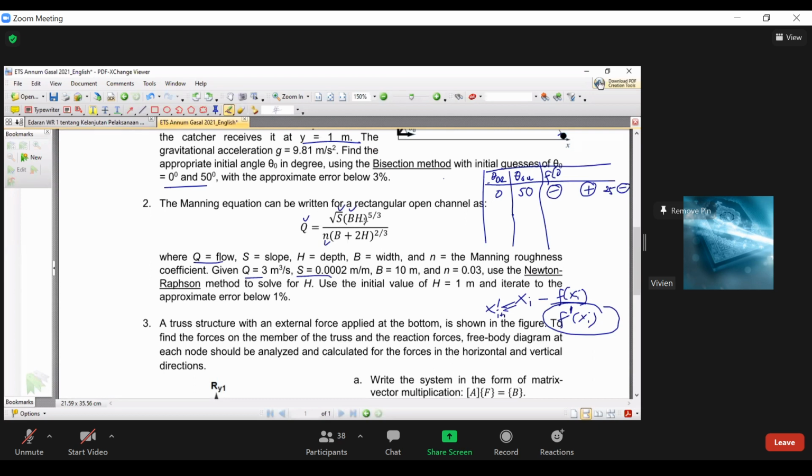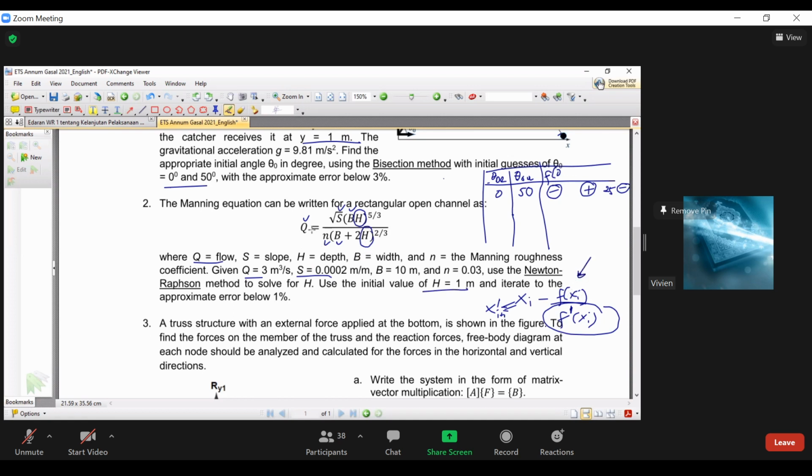And then we want to solve for H. The unknown is H here. We want to get the unknown which will satisfy this equation. The initial value provided is H equal to 1, and we want to iterate until the approximate error is below 1%. So the important thing is to get the function here.